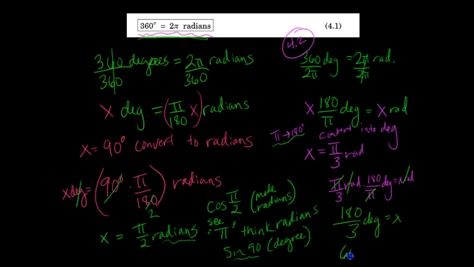So that would be 60 degrees is x. So x is equal to pi over 3 radians, or x can be equal to 60 degrees. This is a degree measure. This is measuring the angle. This is measuring the outside edge of the central angle that's subtended, which just means it creates that particular arc.